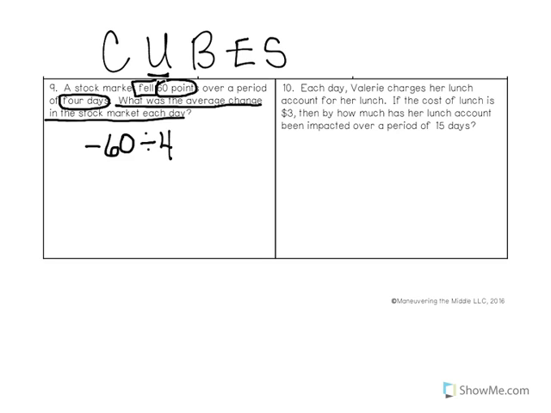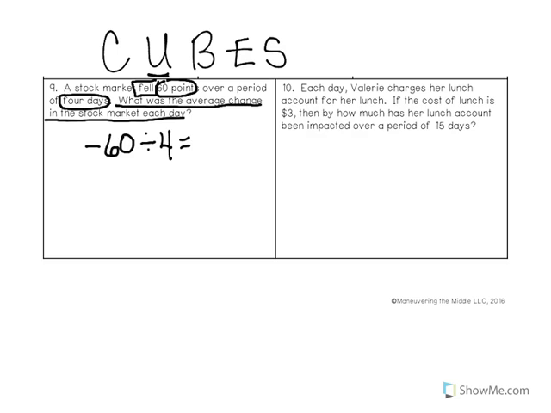So -60 divided by +4, and 4 is going to be positive because you can't have negative days. Just like time and distance never goes backwards. So anything that has to do with days or going a distance is always going to be a positive number.